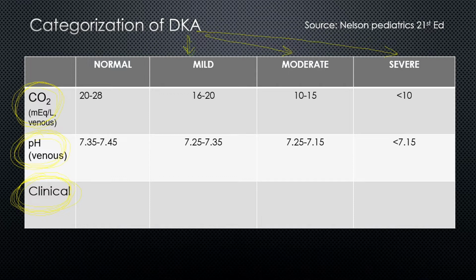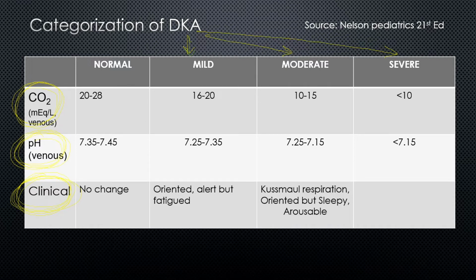The pH in a normal individual is 7.35 to 7.45. In mild 7.25 to 7.35. In moderate 7.15 to 7.25. And in severe less than 7.15. In the clinical parameter, in mild DKA, the patient is oriented, alert, but fatigued. In moderate DKA, there is Kussmaul respiration.